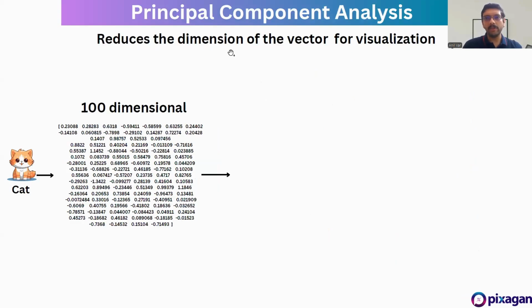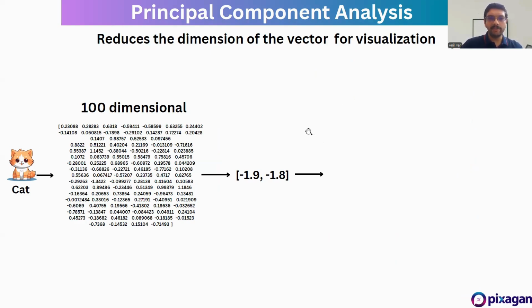Now, we're going to try and see how it captures context. First, we're going to use a technique called principal component analysis, where it takes this vector that GloVe has generated for us and breaks it down into a two-dimensional vector. We're not going into principal component analysis in detail in this lecture. We'll do it later.